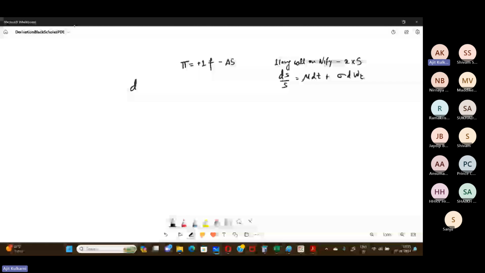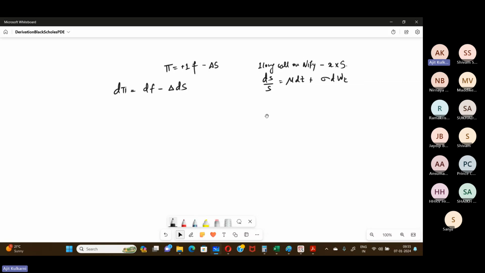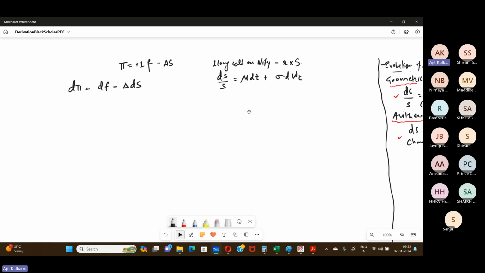Now what is d pi? d pi is equal to df minus delta times dS. Why? Because delta is a constant number. S is changing, option price is changing, and correspondingly your portfolio value is changing because of that. So now let us take a look at this. f is your option price.